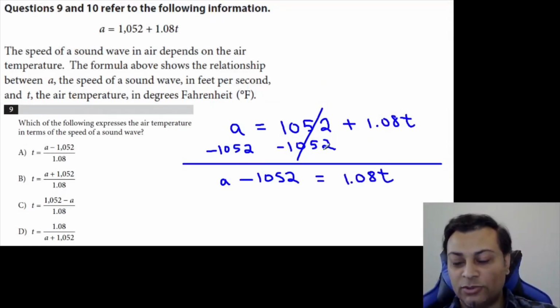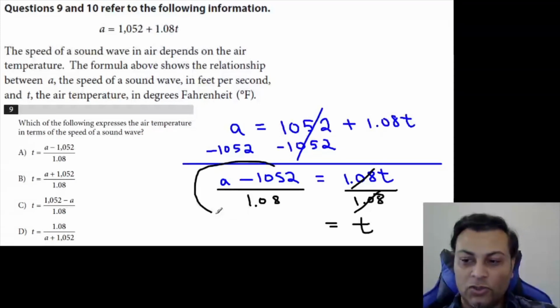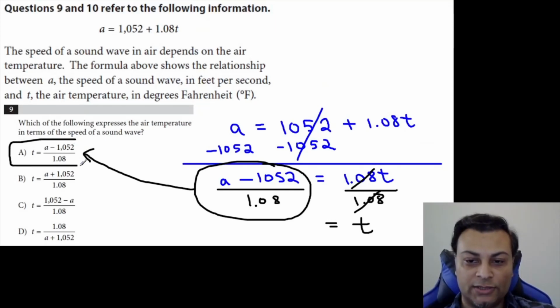And then since we're solving for t, we divide both sides by 1.08. These will cancel, and you would get t equals all this stuff, and all this stuff is option A. So the answer is A.